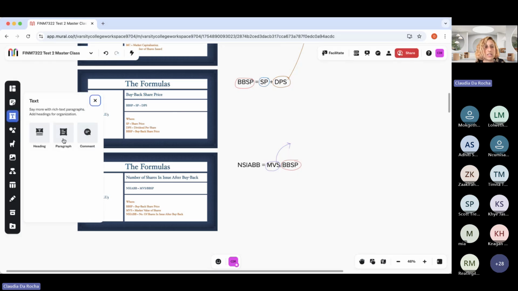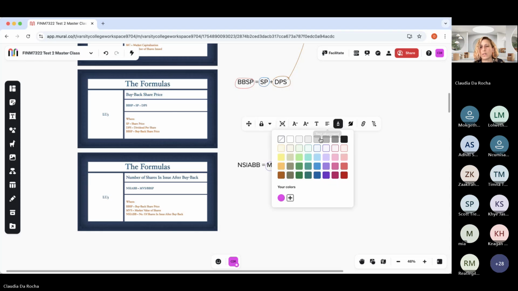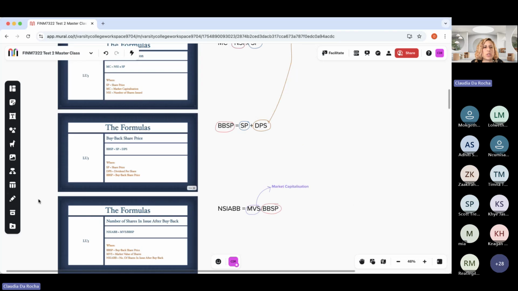So those also interlink. Okay, so then this one also interlinks here.